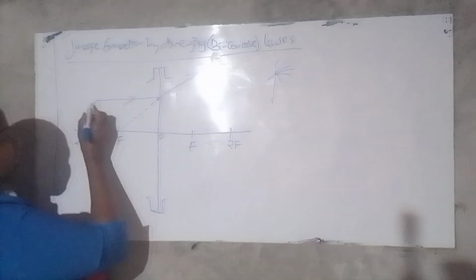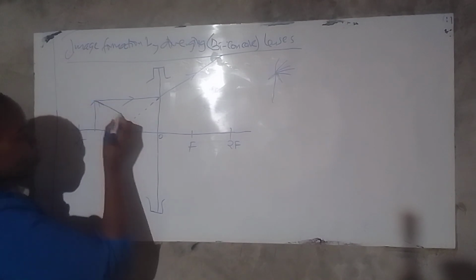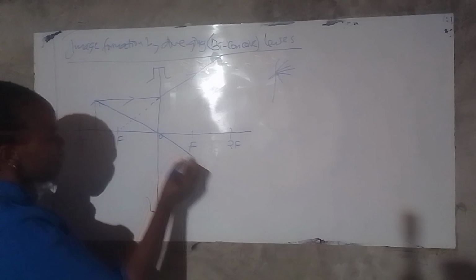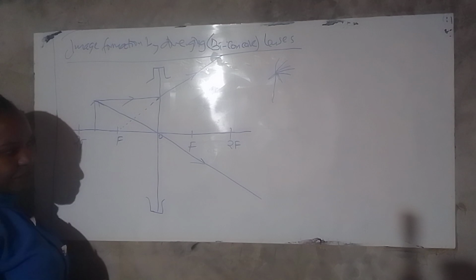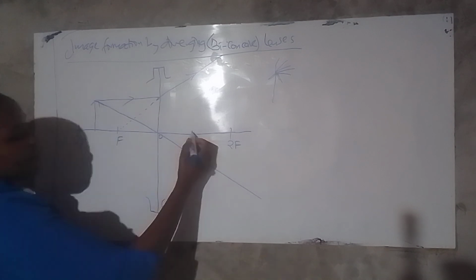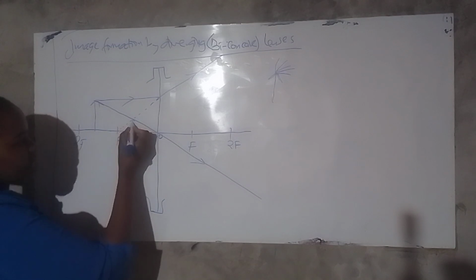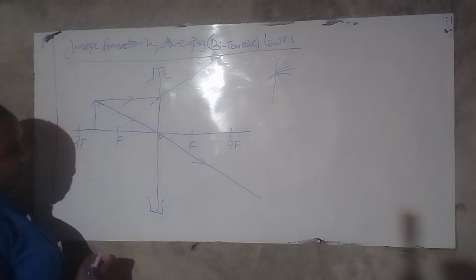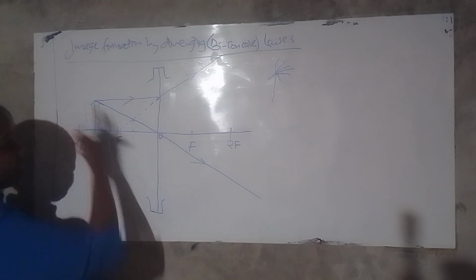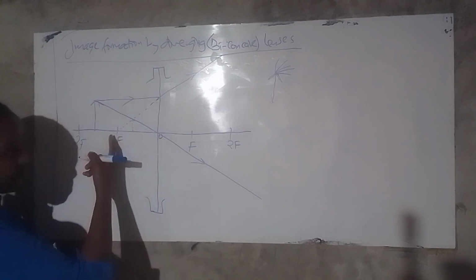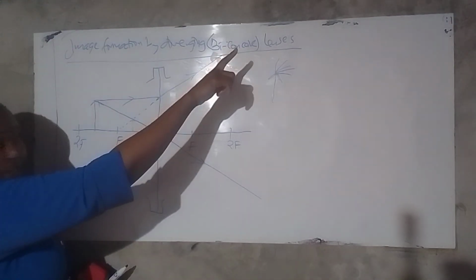Okay, so the other one is a ray coming from the object, passing through the optical center. That one passes undeviated. Now these two are enough because we get a point where the two rays intersect. This is a ray, this is also a ray, a virtual ray, because a true ray is going away from the lens.